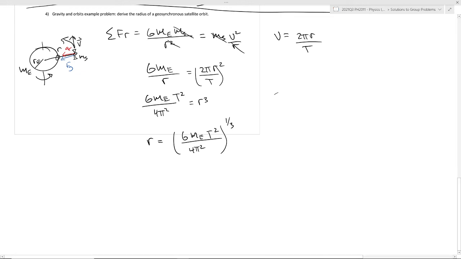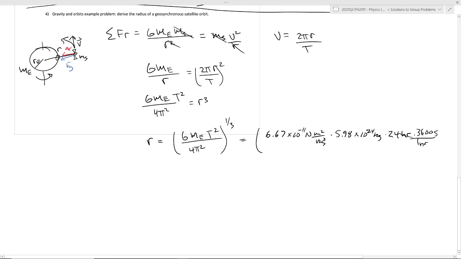So let's put in our numbers and see what we get. G, 10 to the minus 11. The mass of the Earth. The period, so we need to put the period in seconds. So we know what it is in hours, and we also know that in an hour there are 3,600 seconds, 60 times 60.